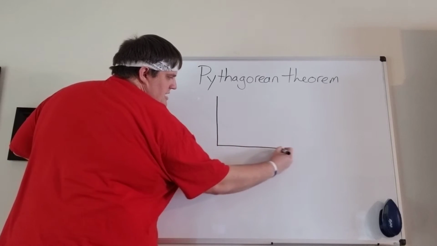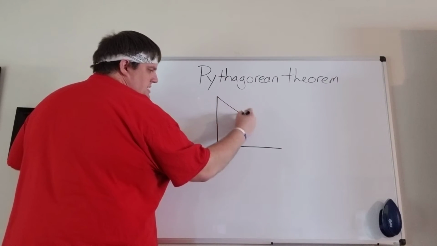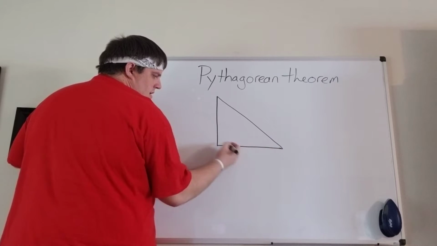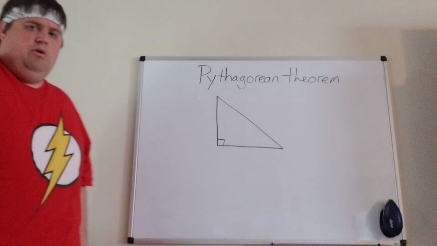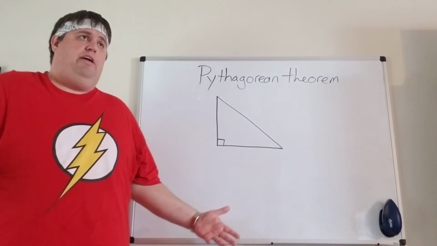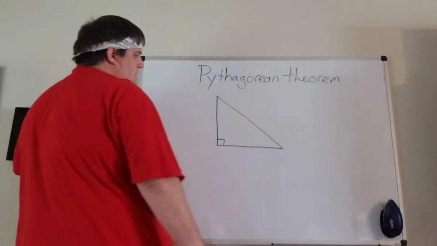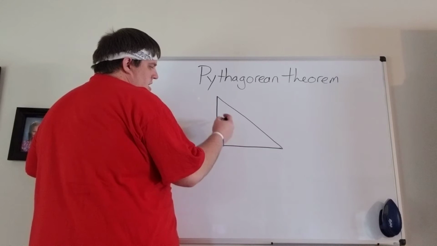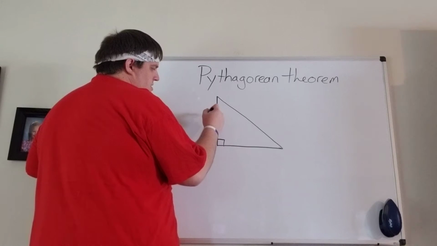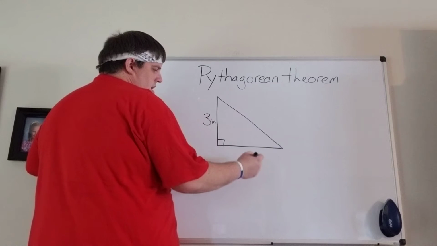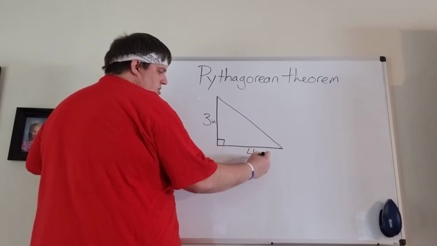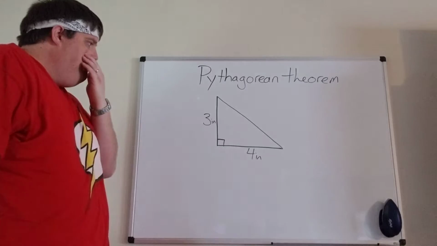All right, so first of all, if we are using Pythagorean theorem, what it does is it allows me to find the missing side of a right triangle. So if I knew two sides of a triangle, let's say I know this side is 3 inches and this side is 4 inches.